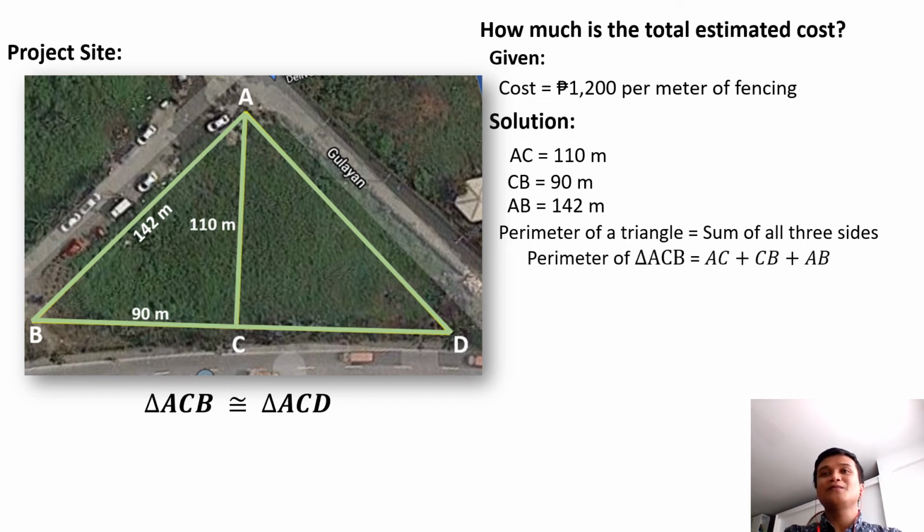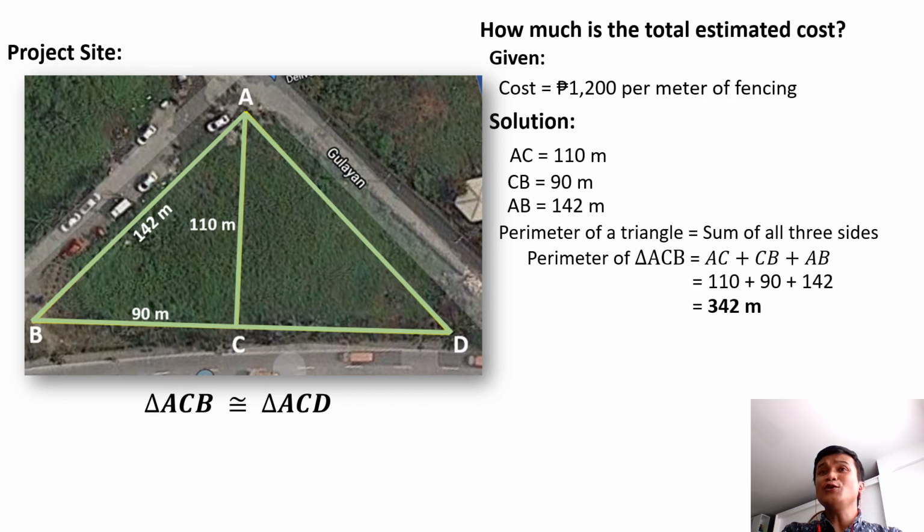To find the perimeter of triangle ACB, we add AC plus CB plus AB, where we have 110 plus 90 plus 142. So our perimeter is 342 meters for triangle ACB.